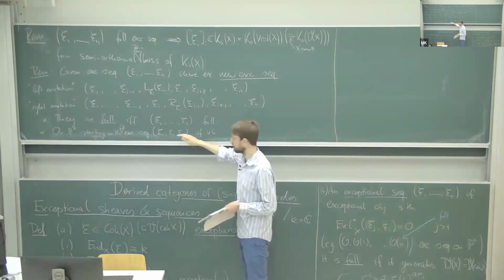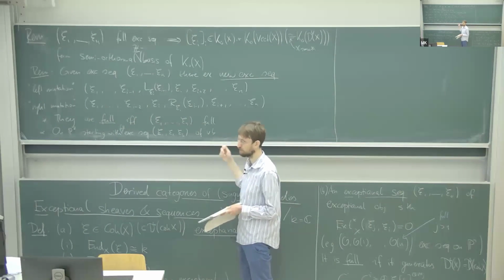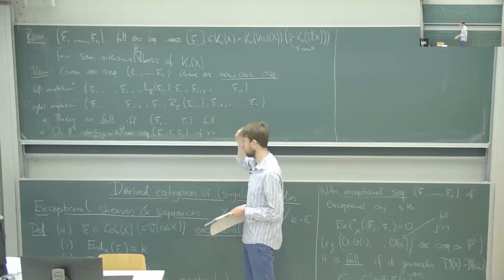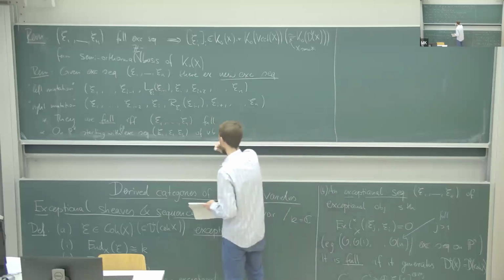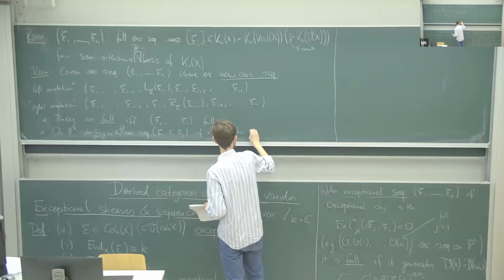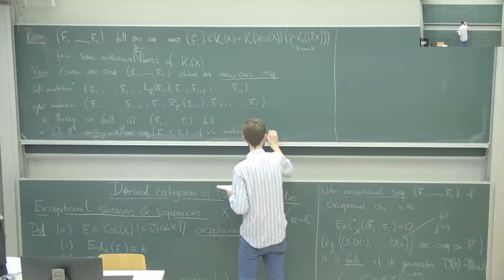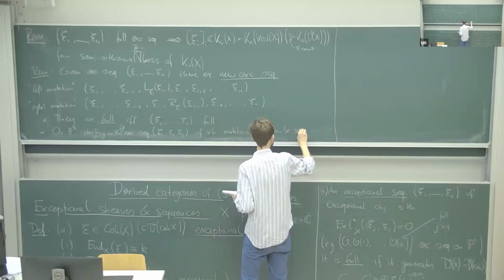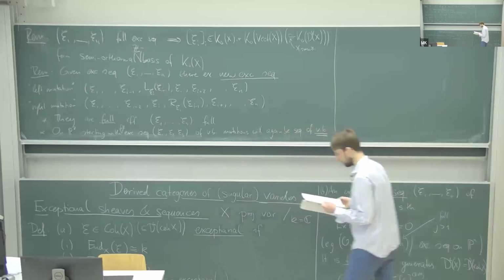You start with the full exceptional sequence of vector bundles, then any kind of mutation will again be a sequence of vector bundles, and it will be full by this remark. So we don't leave the world of vector bundles. Okay, that's also a remark.